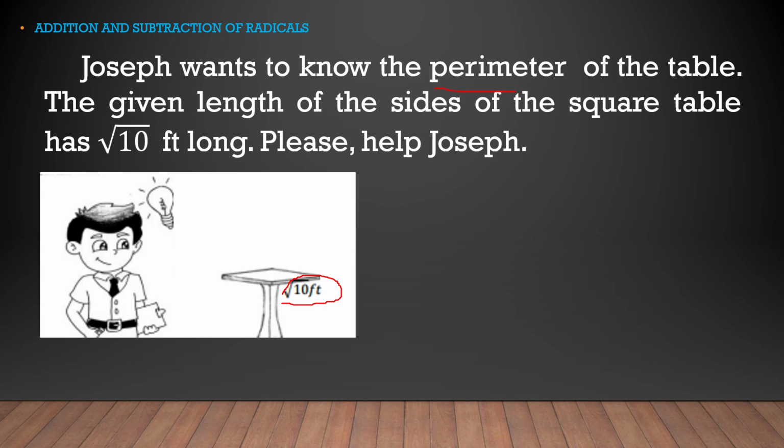How do we get the perimeter of the square? So our formula for the perimeter is you have to add all the sides. If you have 4 sides here, you need to add the square root of 10 plus square root of 10 plus square root of 10 plus square root of 10. Or for the shortcut, you just multiply by 4.